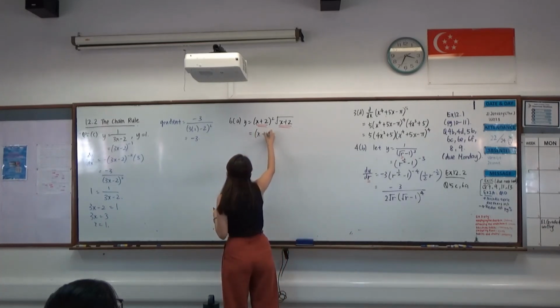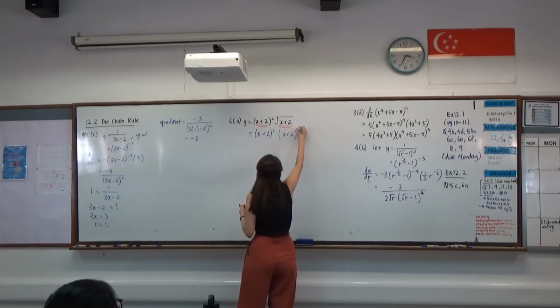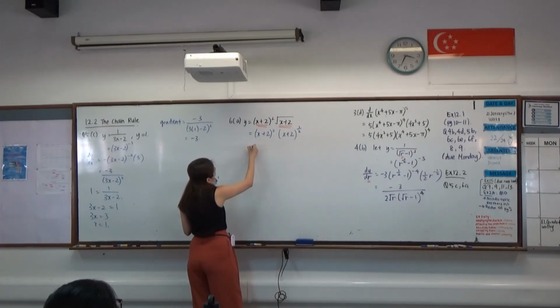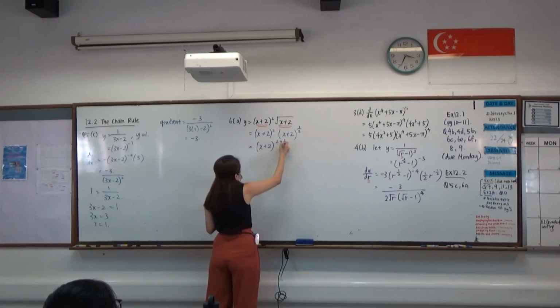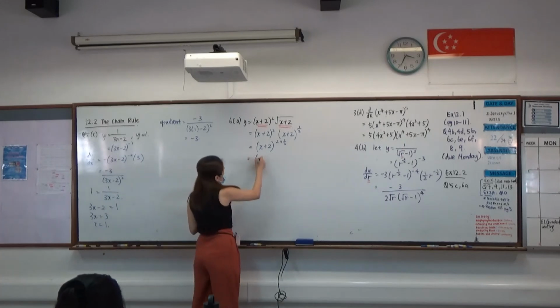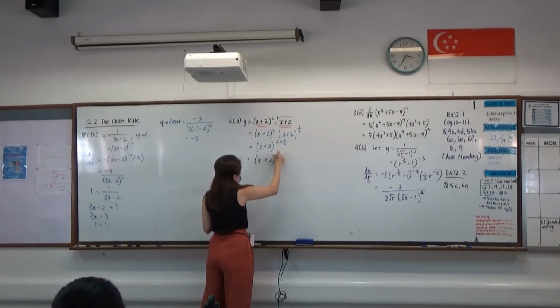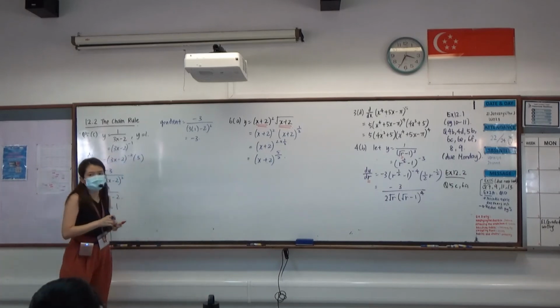So I could convert the surd into a power of half using our indices law. We are looking at the powers adding up to each other, and that simplifies to 5 over 2. A reminder that usually our powers, we don't write them as mixed numbers.